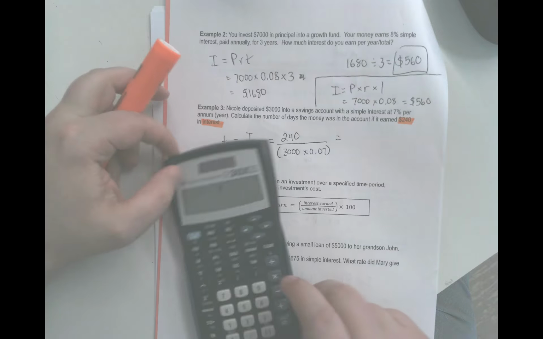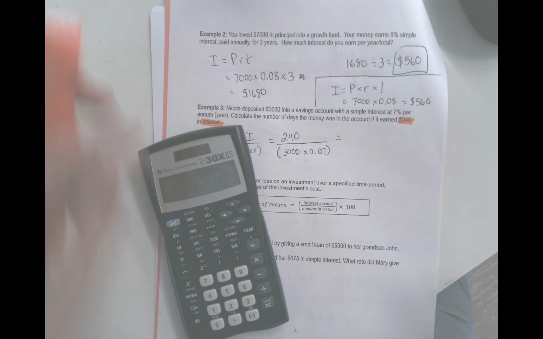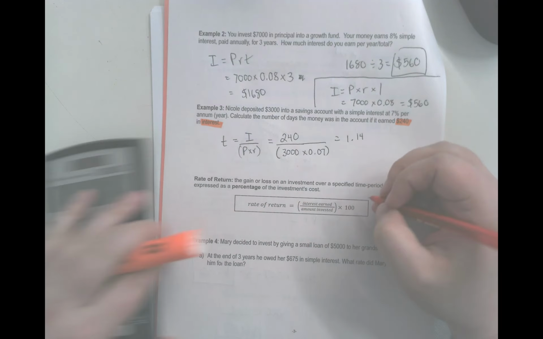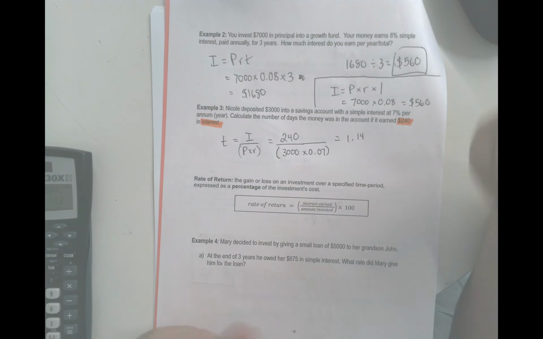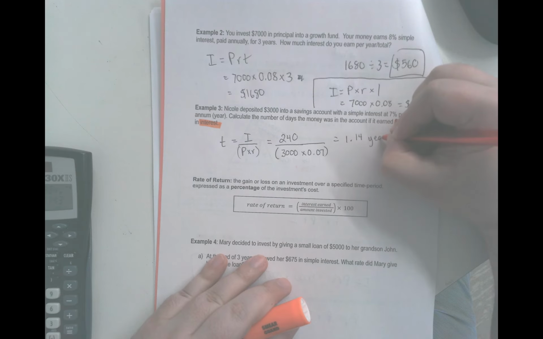So 240 divided by 3,000 times 0.07 gives me 1.14.